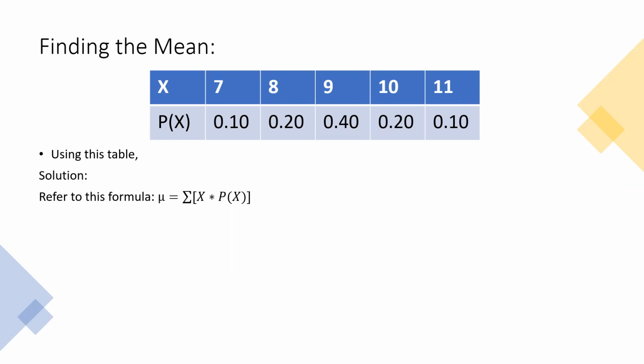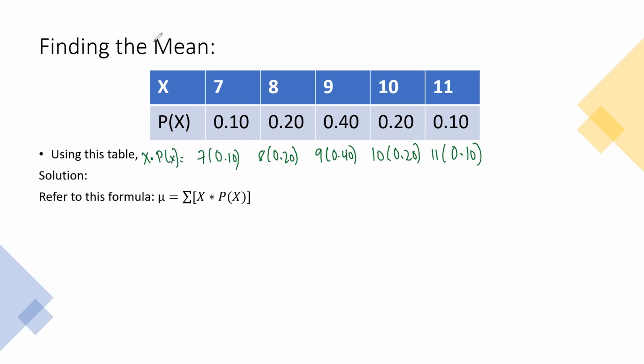What we are going to do here is multiply X with P of X. So this will be 7 times 0.10, 8 times 0.20, then 9 times 0.40, then 10 times 0.20, then 11 times 0.10. This is the x times p of x.